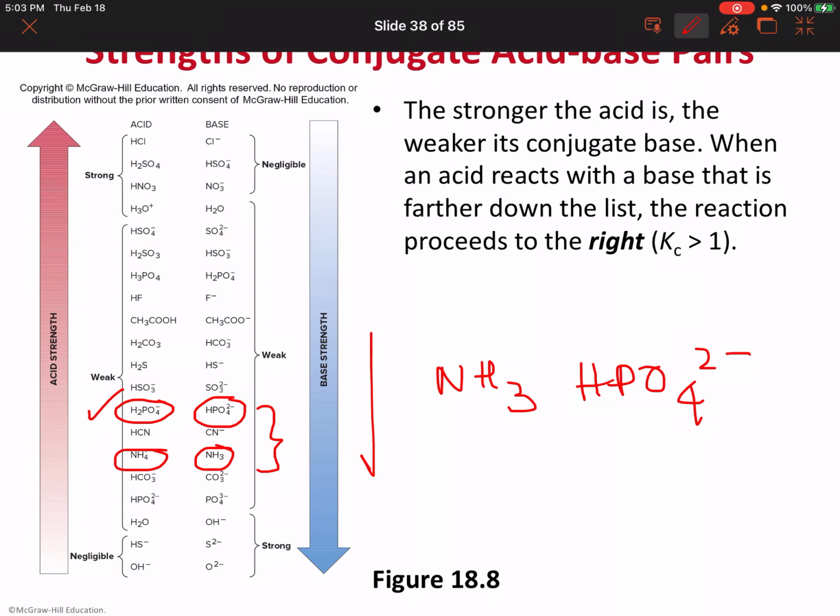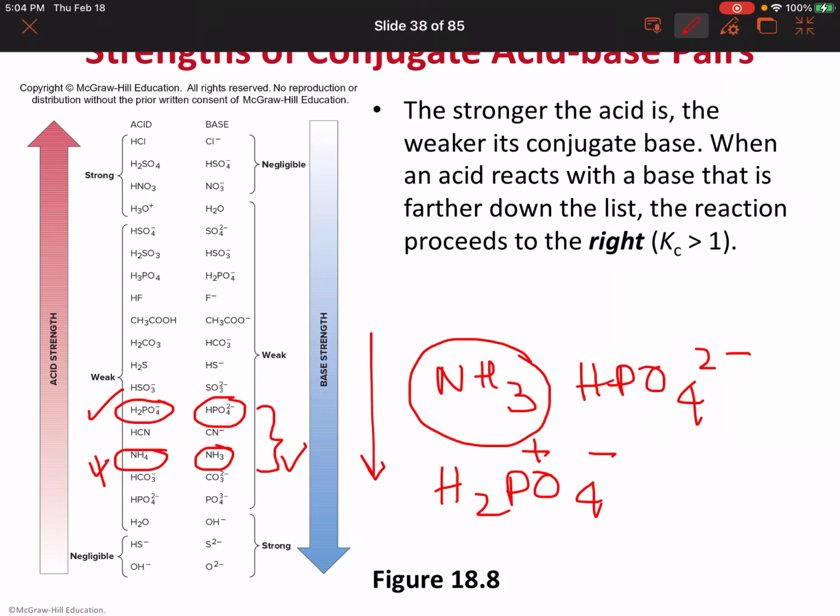Remember the base strength increases, so ammonia is the strong base. So if you have ammonia, the strong acid would be H2PO4 minus. These two will combine to give you the weak acid and the weak base. The weak acid is NH4 plus, and the weak base is HPO4 2 minus.